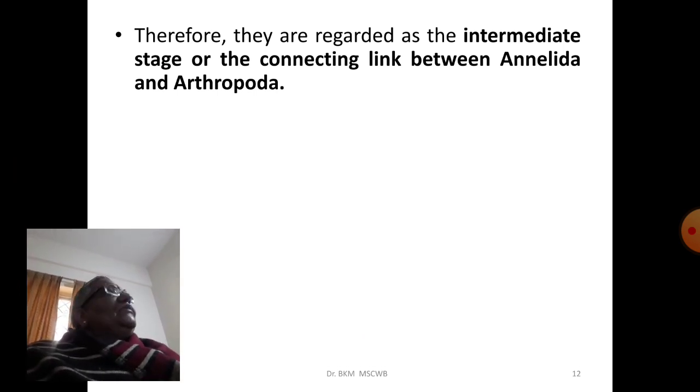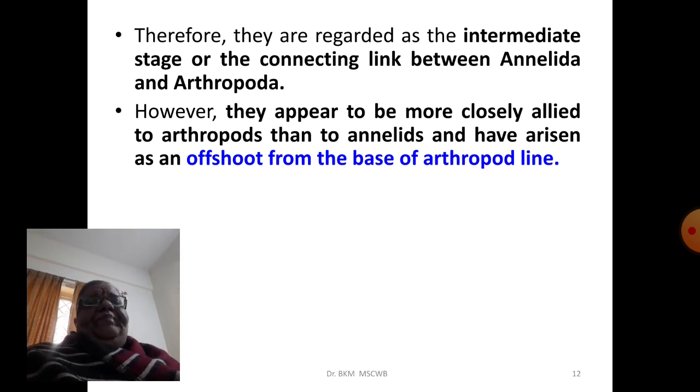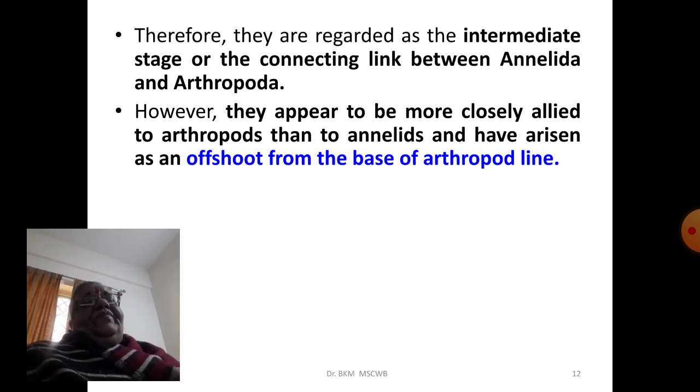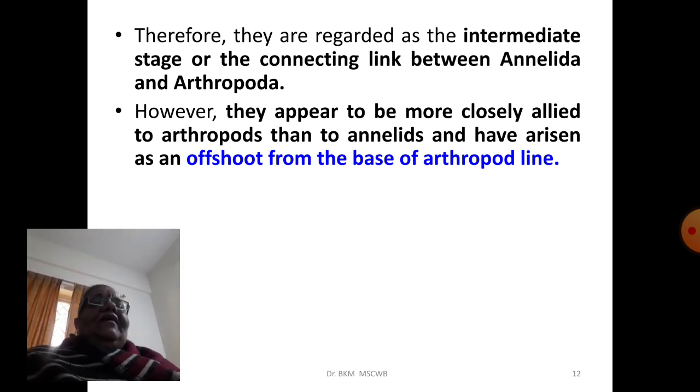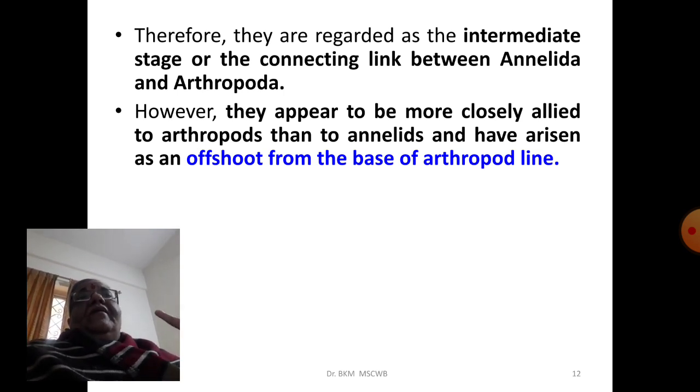So they are regarded as an intermediate stage or connecting link between annelid and arthropod. However, they are more allied to arthropods than to annelids, and finally you can say that they have arisen as an offshoot from the base of the arthropod line, similar to the minor phylum Onychophora, which has been mentioned in our previous semester while talking about the phylum Coelenterata.